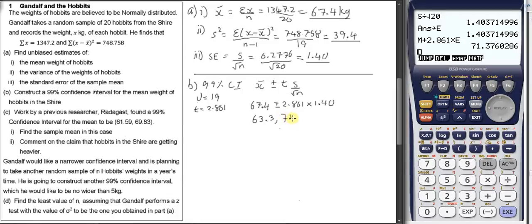So those are the upper and lower bounds of the confidence interval. I'm pretty happy with that question.